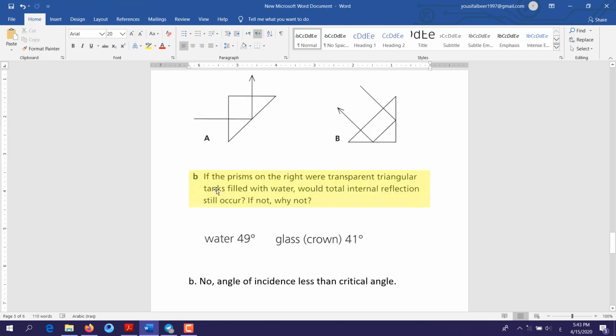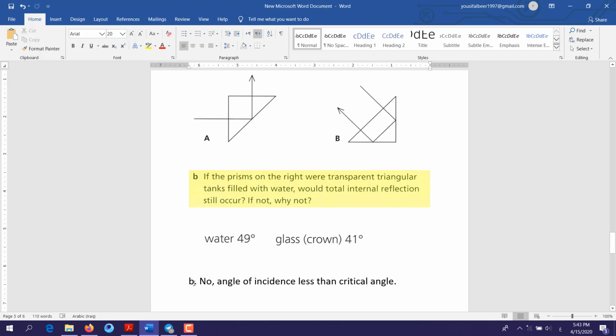B. If these two prisms were transparent triangular tanks filled with water. Focus on the word water here. Would total internal reflection still occur? If not, why not?